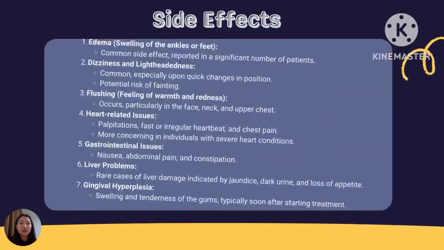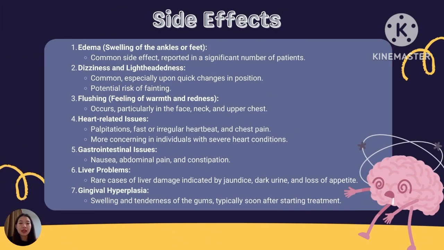Now, let's move to side effects. Like other medications, amlodipine also has potential side effects that need to be considered. So, common and significant side effects of amlodipine include, the first one, edema.